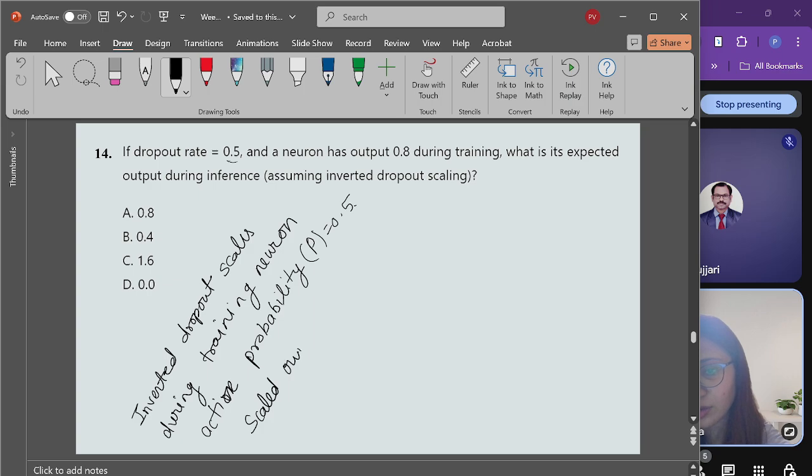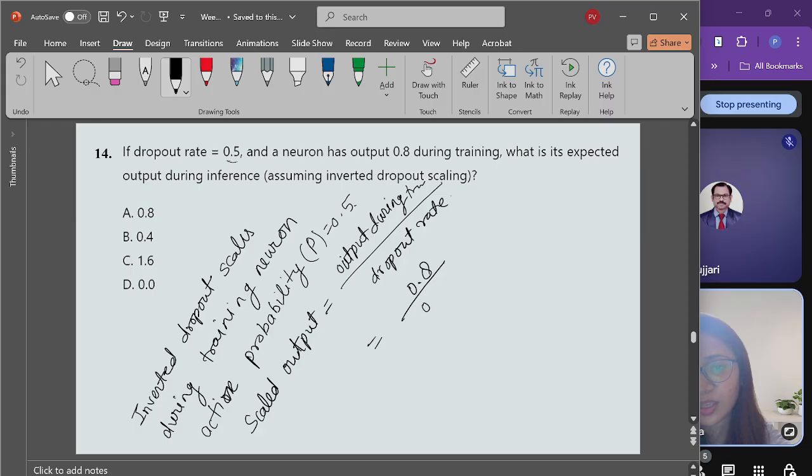The scaled output is calculated from the output during training and the dropout rate. The output during training is given as 0.8 and the dropout rate is 0.5. So if you do that scaling, you will get 1.6.